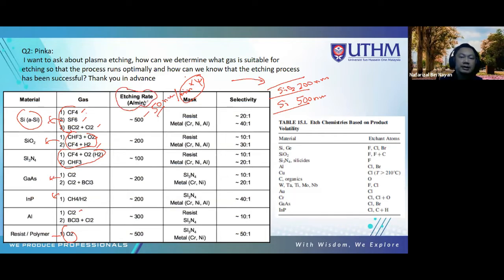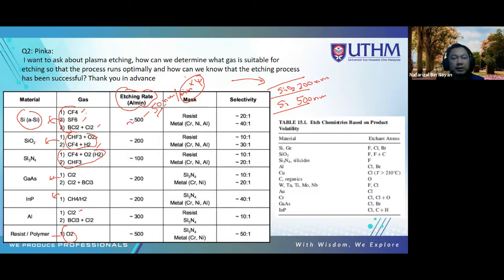Most of the time when you buy the plasma etching equipment, they will give you the recipe, or it depends. It still depends. That's why they mention here it's approximately 500 Armstrong.